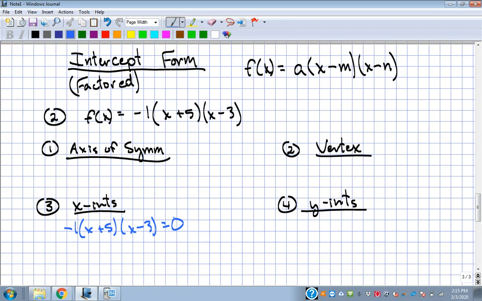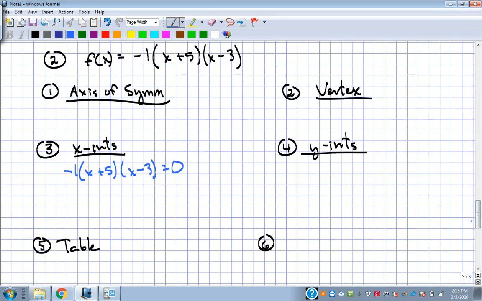What do I do next? It's already factored, right? So what do I do with each factor? Once you factor it, you set each factor equal to what? 0. The -1 doesn't have an x, so what happens to it?